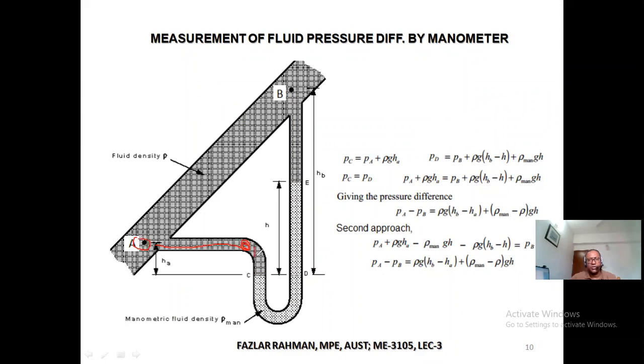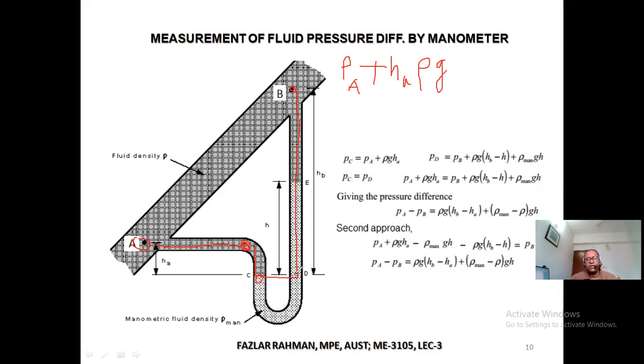So ultimately you need to walk down right here, then vertically you come to point B. So what is the pressure over here? PA. Then that means over here PA is coming down, that means plus. What is the height? HA rho G.